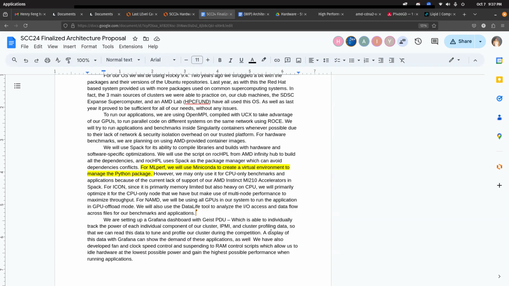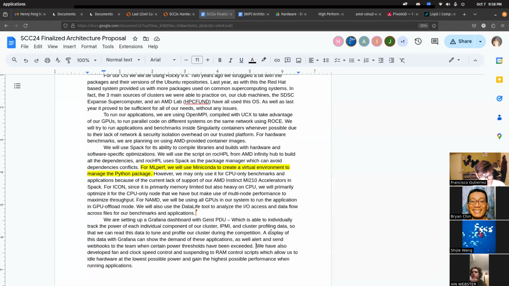So you guys know how, oh, you mentioned IPMI. Okay. Right. I'm building Rocky on HPC Fund, and it has been running for 2.5 hours.